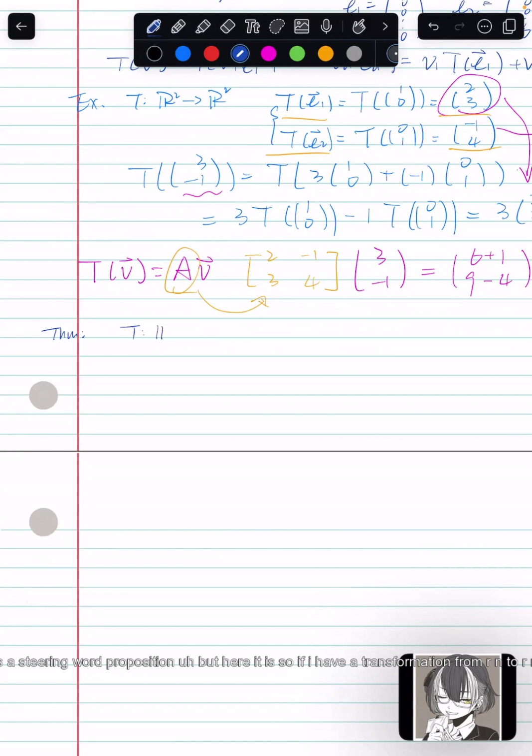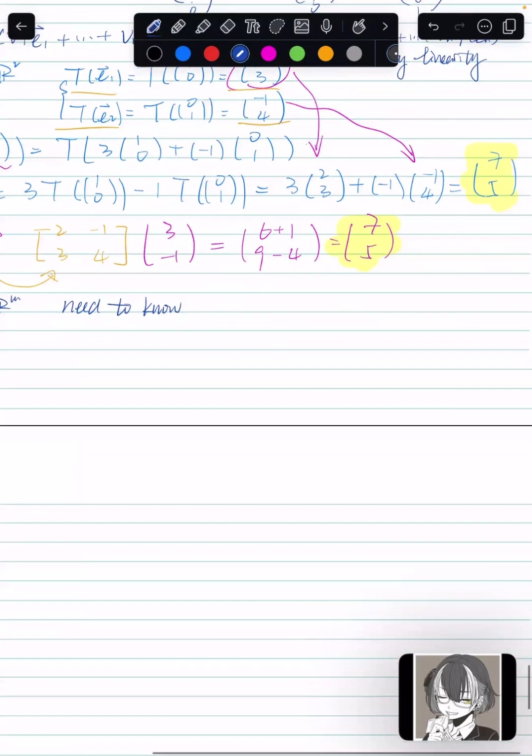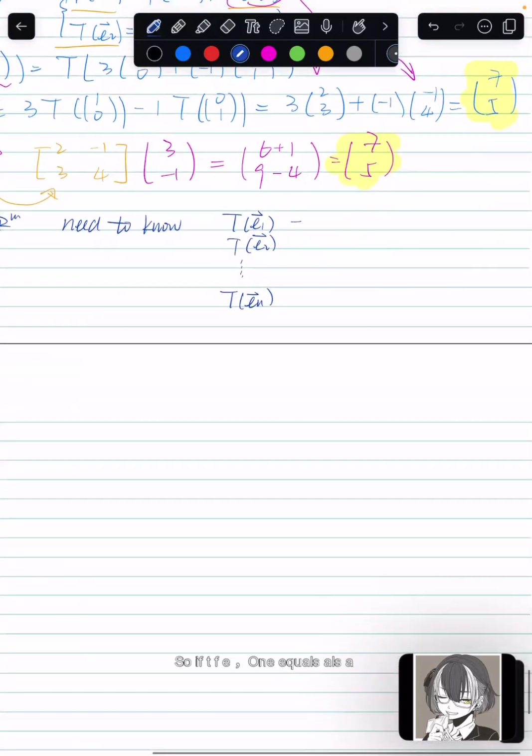If I have a transformation from Rn to Rm, we only need to know the transformation of the basis, T of E1, T of E2, all the way to T of En. So if T of E1 equals A1, T of E2 equals A2, all the way to T of En equals An.